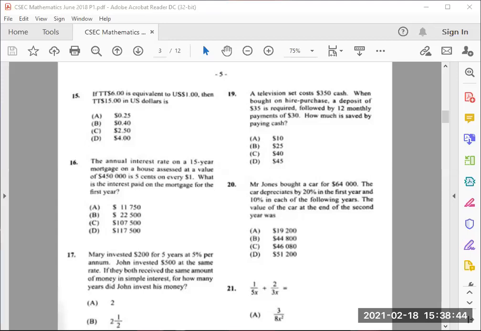Brenda says B. No, sir, I should have said C, 2.50. Brenda says C. Ariana said C. Yes, you divide the $15 by the 6 and you get $2.50.